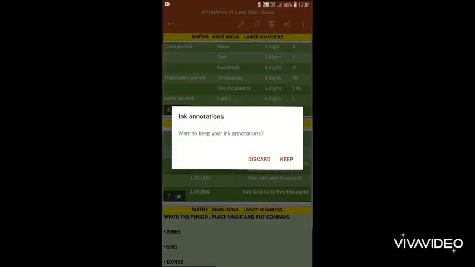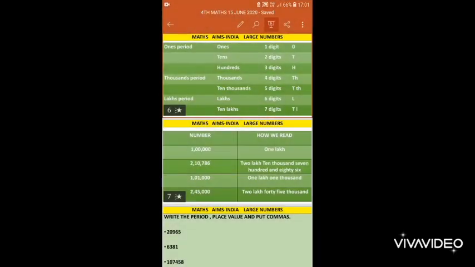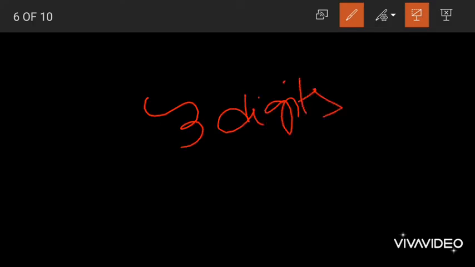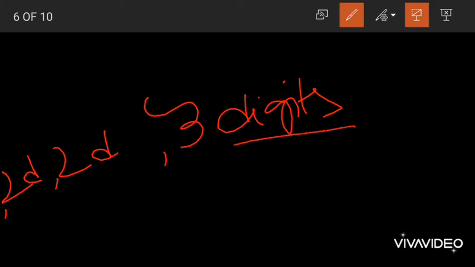We place the first comma after 3 digits, then after 2 digits we place a comma, and then after the completion of every 2 digits we place a comma. What is it, children? First we place the first comma after 3 digits, and after every 2 digits we place a comma. Okay?